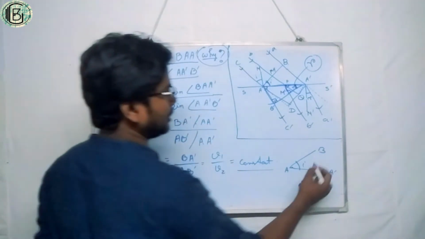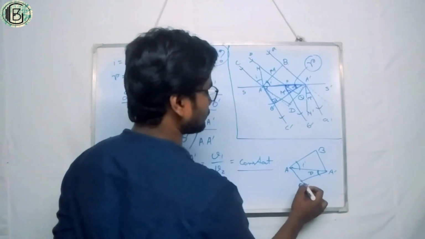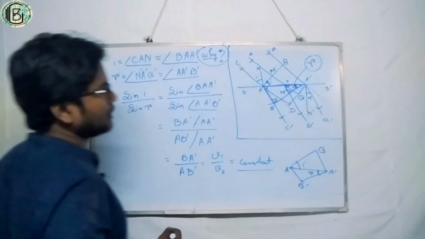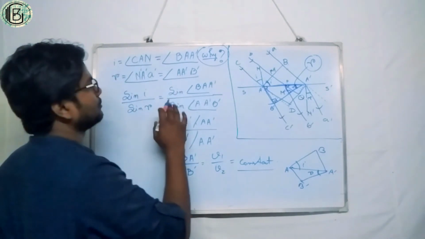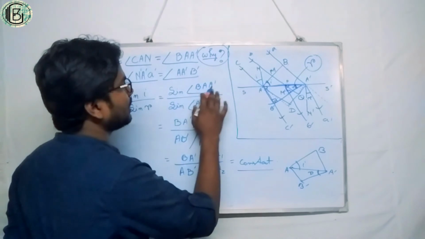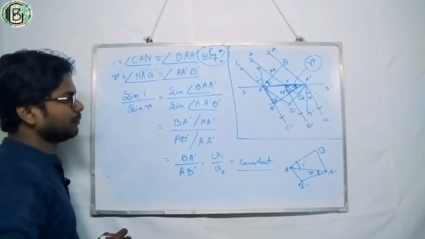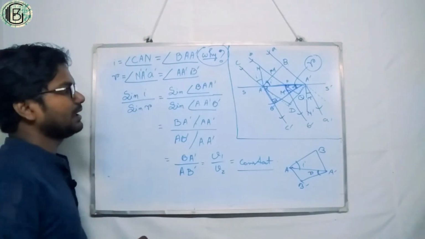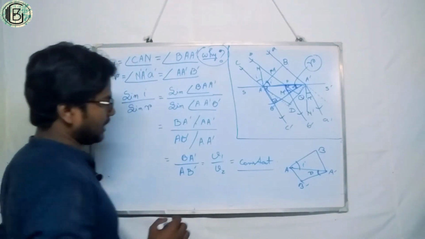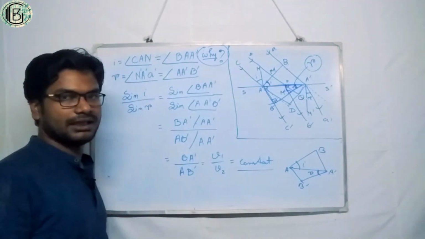So we need to figure out the relation. As we have already seen, sin I equals sin BA prime equals BA prime by AA prime, and sin A prime B prime equals AB prime by AA prime.